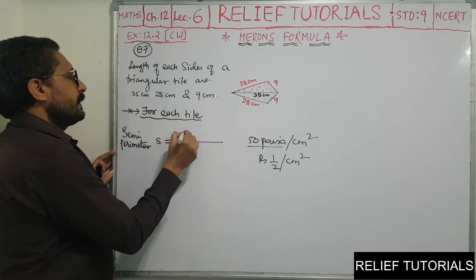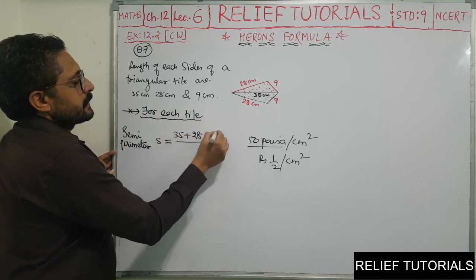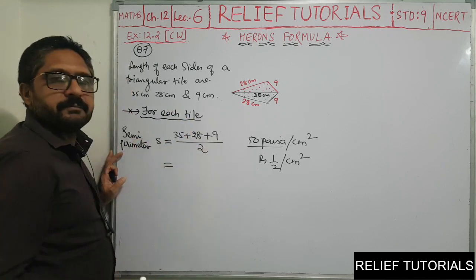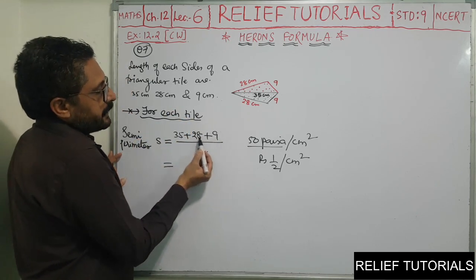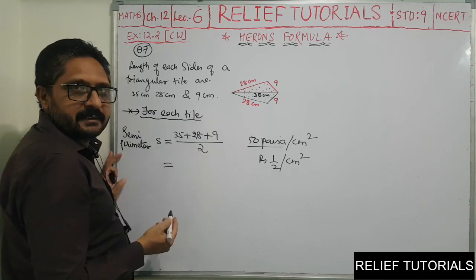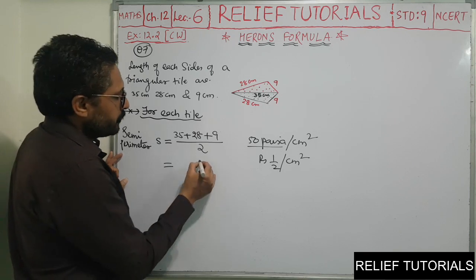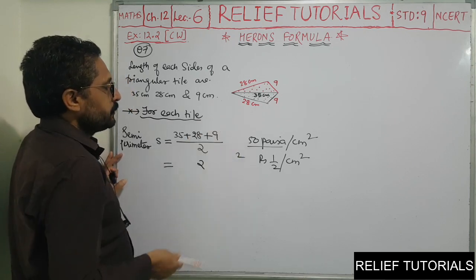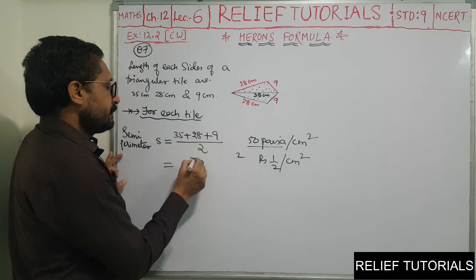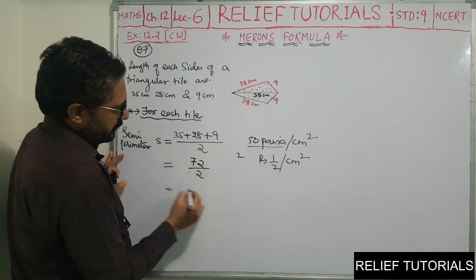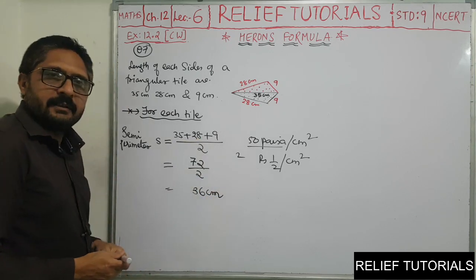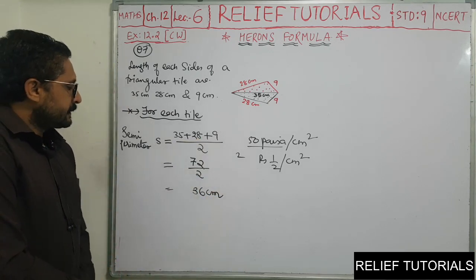So I will take 35 plus 28 plus 9 upon 2. 9 plus 8 is 17, 17 plus 5 is 22, carry 2, 2 plus 5 is 7, so 72 upon 2. So that is equal to 36 centimeter. So we got the semi-perimeter.